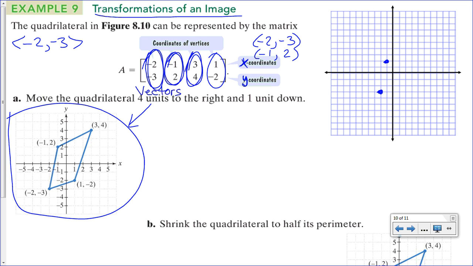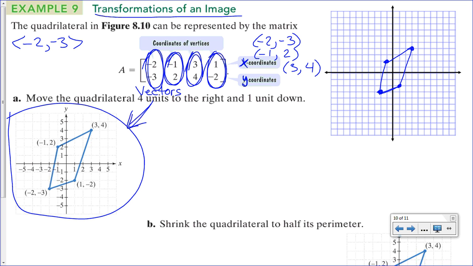Third column is 3, 4. And fourth column is 1, -2. So let's go ahead and connect them. And yes, we obtain the same shape that we have here.